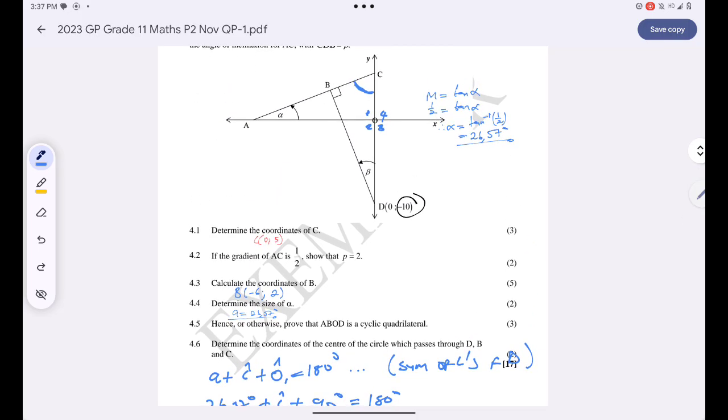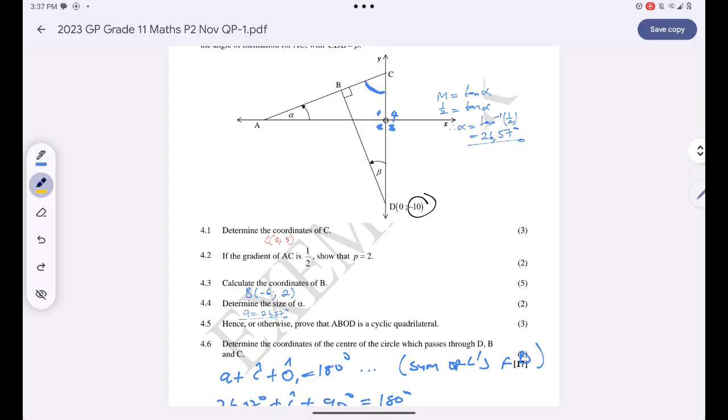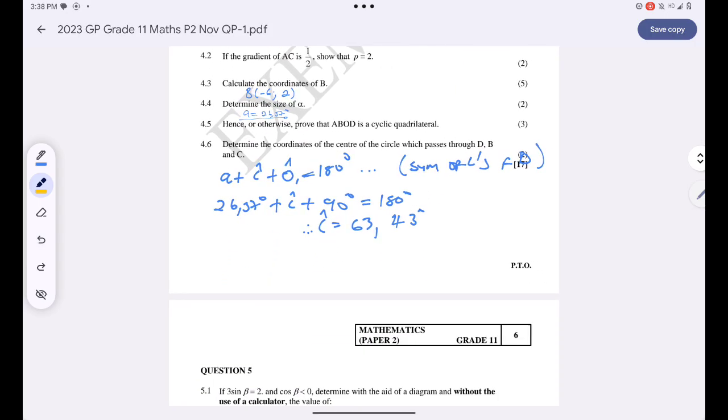Now if I focus on this triangle, let me highlight it over here. Now I know the value of angle C, I know that I have 90 degrees there, and I want to find the angle beta. So angle beta will be just equal to 180 minus 90 degrees minus 63.43 degrees.